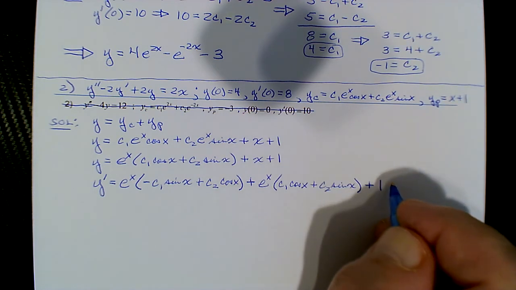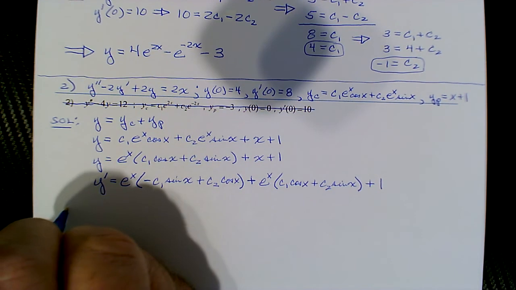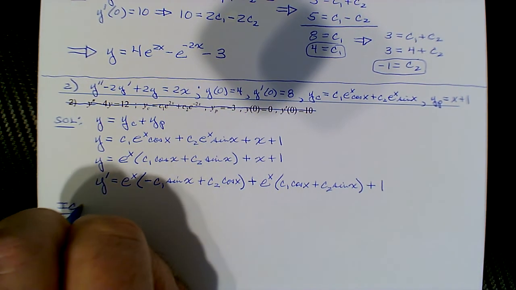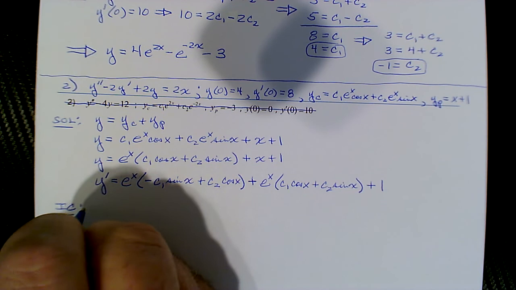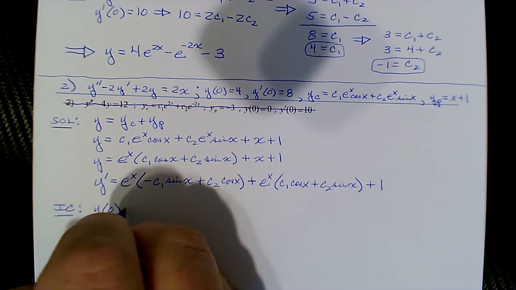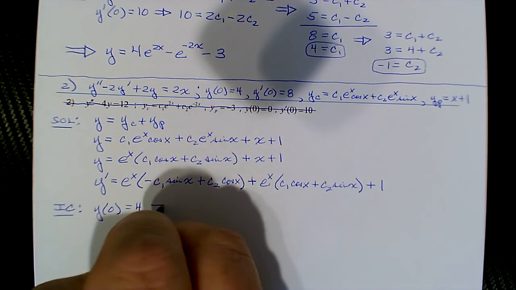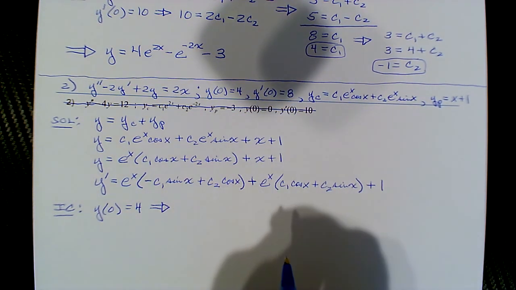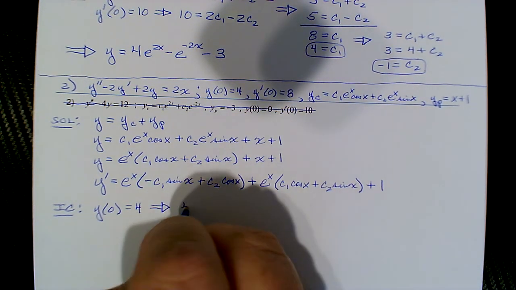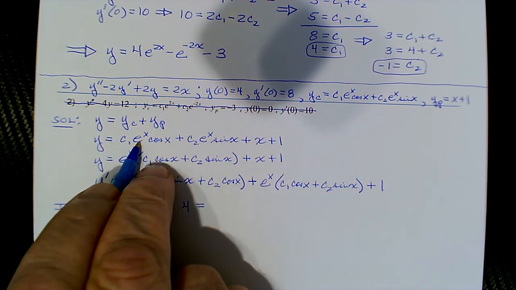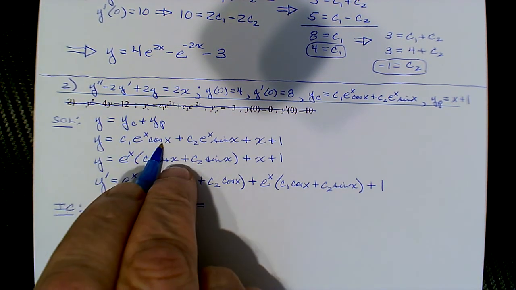And now we can go to the initial conditions. The first one was that y of 0 is 4. So then we get that 4 is equal to, substituting x is 0 into y, remember, cosine of 0 is 1, so it looks like c1.